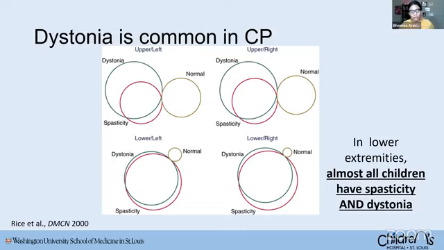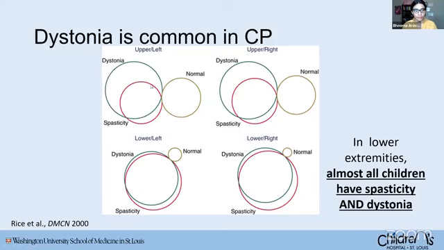In work that also came out around this time, we learned that dystonia is very common in cerebral palsy. And in particular, that it is very common in the legs. So this was a study using a tool called the Hypertonia Assessment Tool that I'll talk about later, looking at people with CP and spasticity and looking to see how many of them had dystonia.